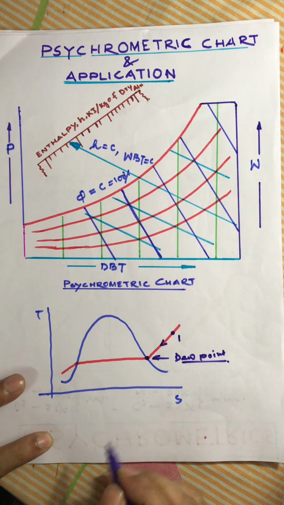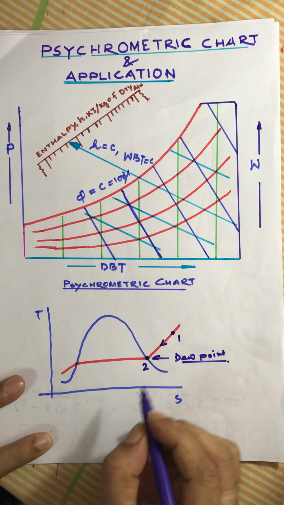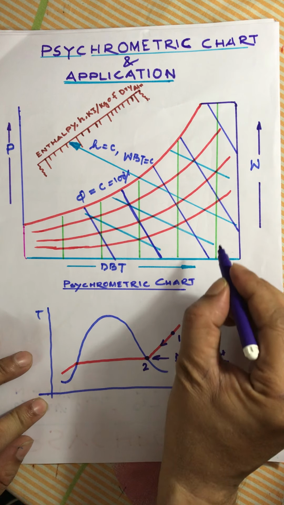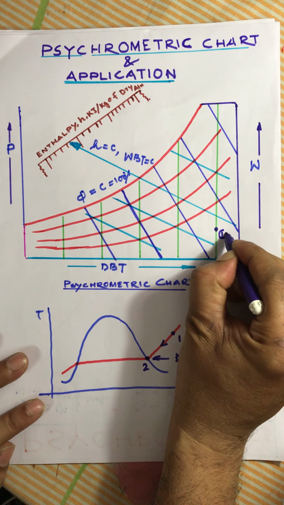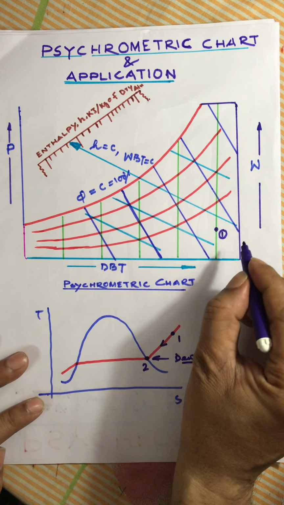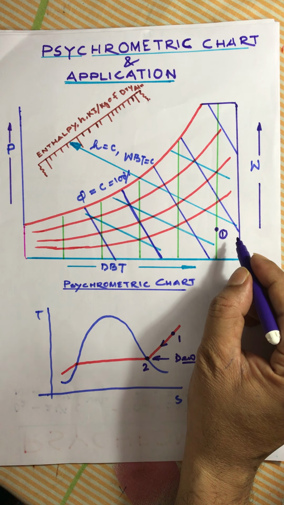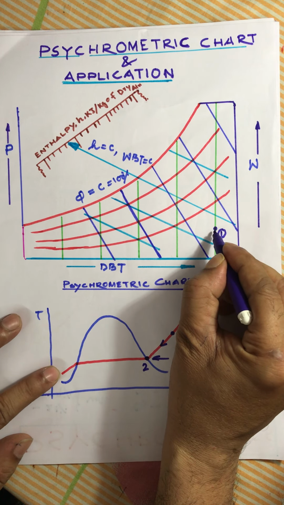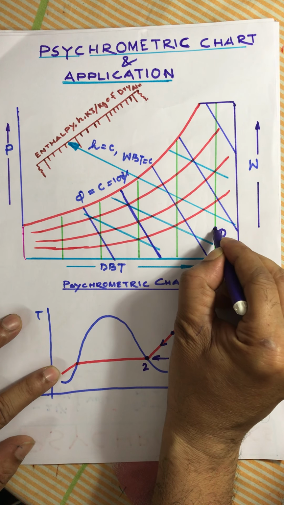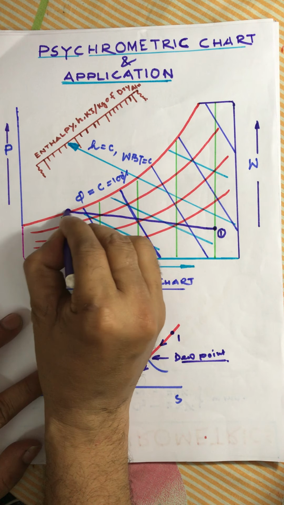Clear? Suppose this is the 2 process, so 1 to 2 process. This process can be represented here. If we consider this is point 1, at constant pressure, W remains constant, since the water vapor present in the mixture is also constant. So, only the temperature will decrease. If you consider this line, the temperature decreases, and that is why here there will be the point.